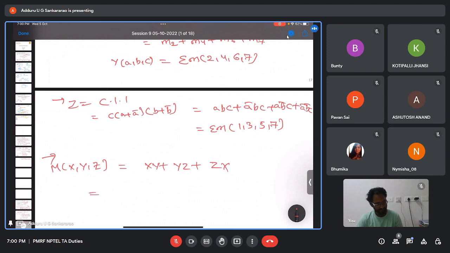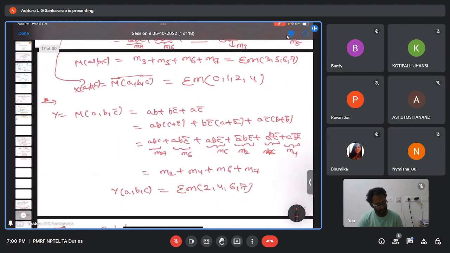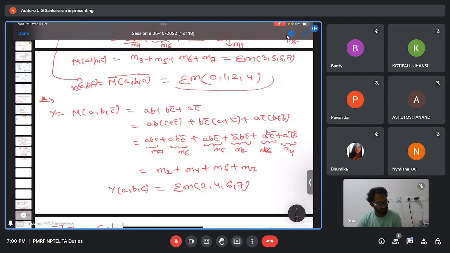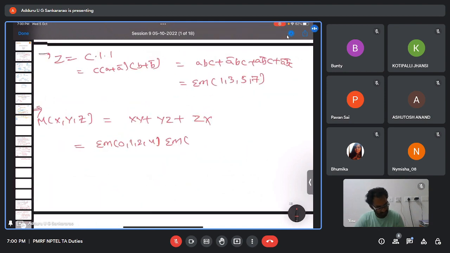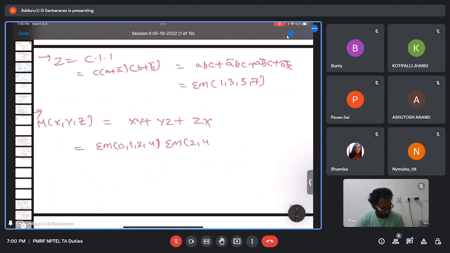Now what is X? X we have seen is sigma m of 0, 1, 2, 4, and Y is sigma m of 2, 4, 6, 7.